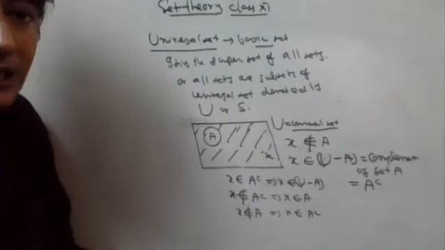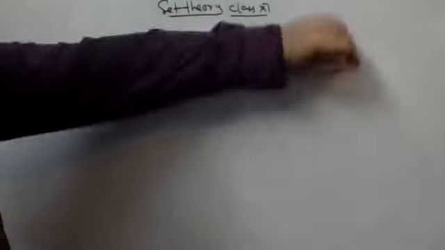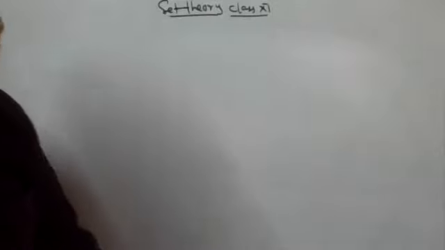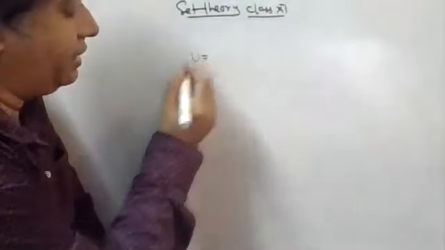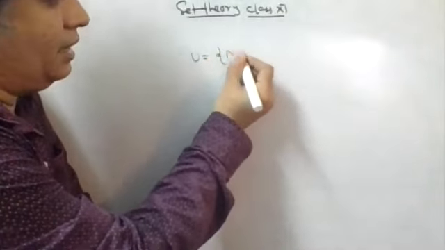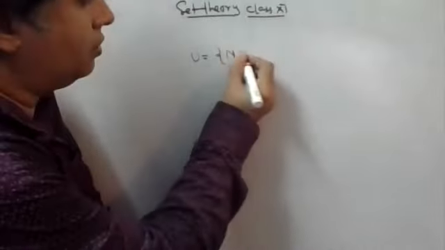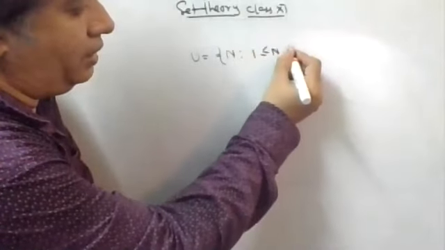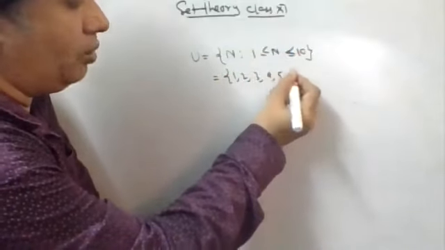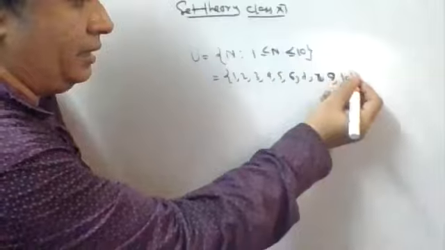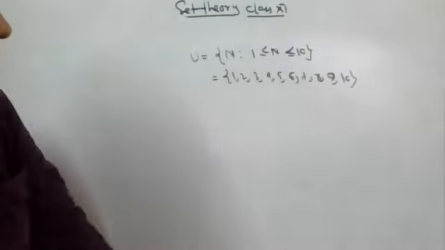We can comprehend this concept by considering a simple example. Say one universal set is defined by natural numbers which start from 1 and end with 10, or I can write 1, 2, 3, 4, 5, 6, 7, 8, 9, 10. All of you know this is set builder form, this is roster form.